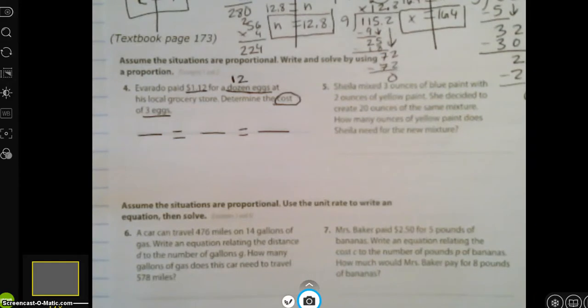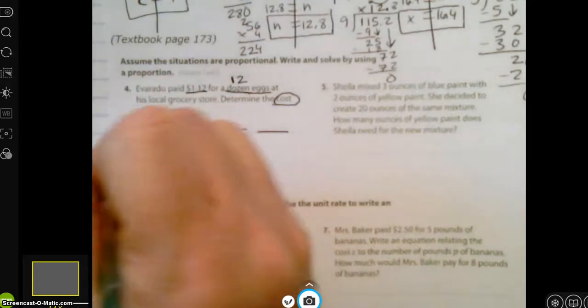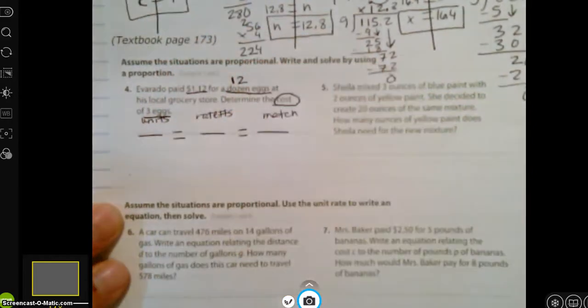But right now our focus is actually setting up proportions, because that may be what they have you do, not just give an answer. So what I always do is I always put my units first. I put my rate numbers second, and then I start matching up what I have left.